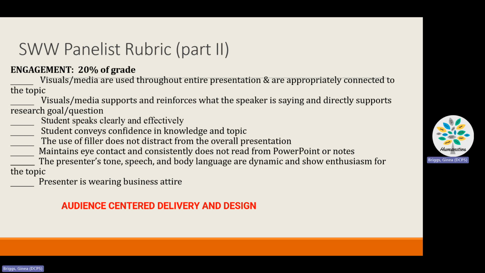Are they expressing confidence in their topic and knowledge? Are they maintaining eye contact and not reading off notes or the screen? Did they express enthusiastic and dynamic body language, tone, and speech? And are they dressed professionally? The College Board calls this audience-centered delivery and design.